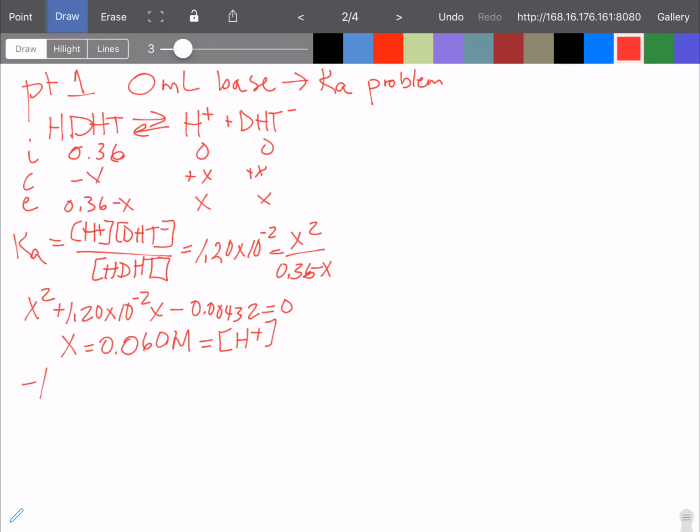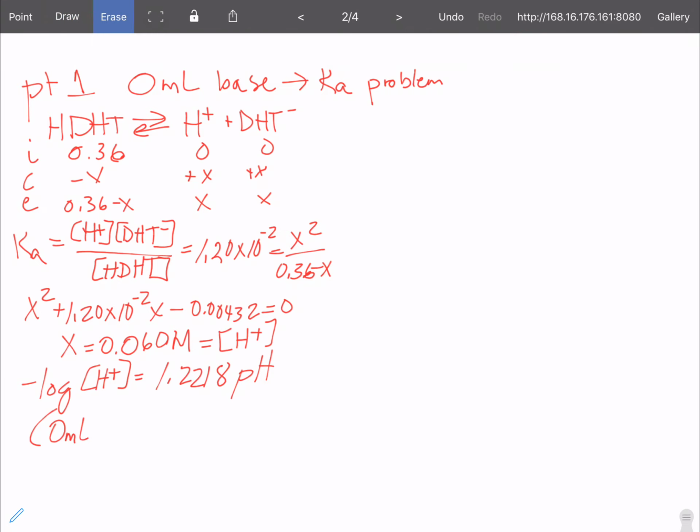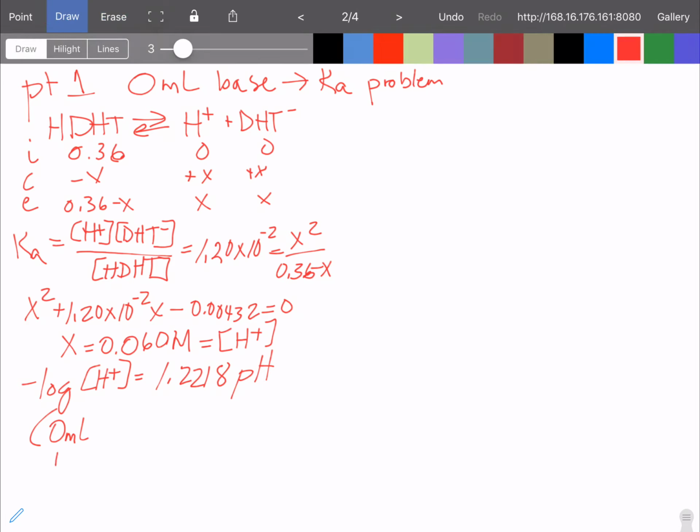So we take the negative log of the H plus, which will give us a pH of 1.2218. So our first point is 0 milliliters of sodium hydroxide, and our pH is 1.22 for point number 1.